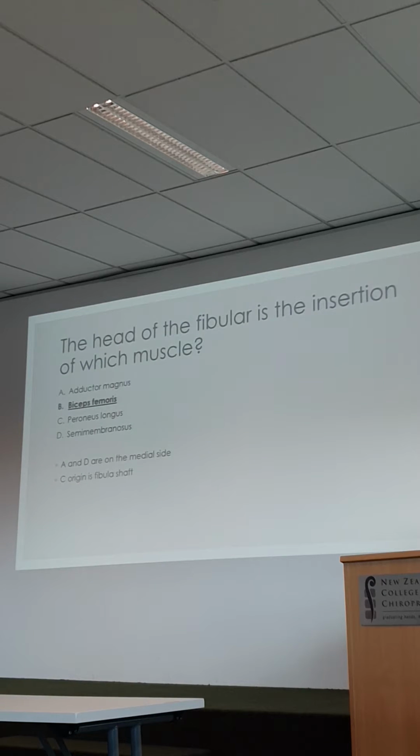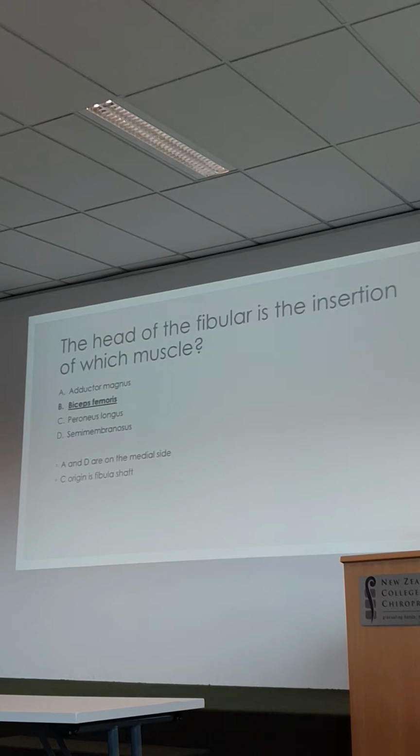The head of the fibula is the insertion of which muscle? Even if you didn't know exact origin and insertion of any of these muscles, you should have realized that A and D are on the medial side, and peroneus longus is in the leg, not the thigh, so its insertion couldn't be at the top.